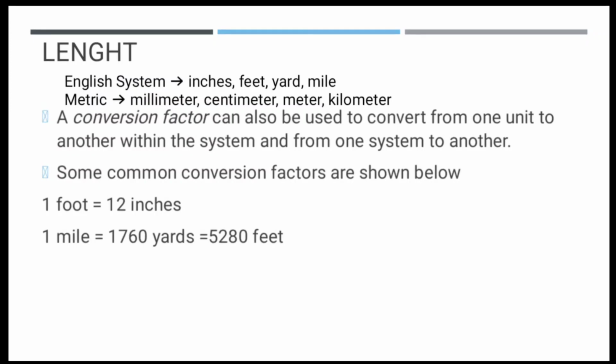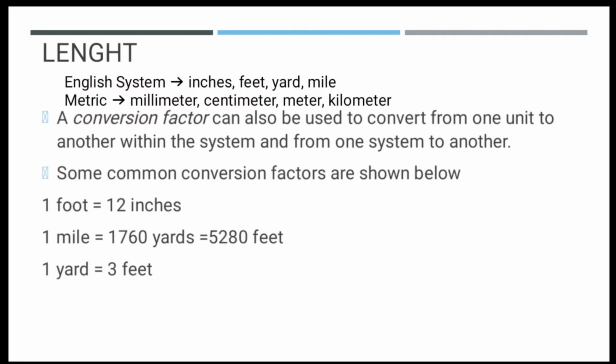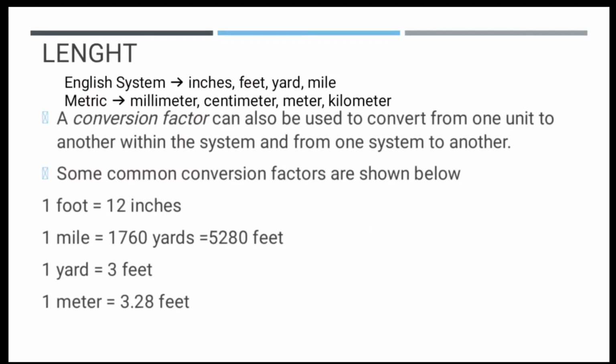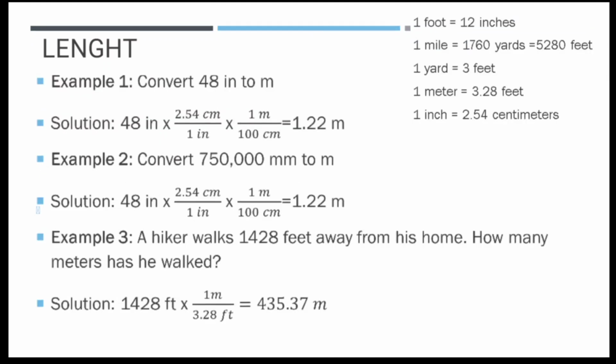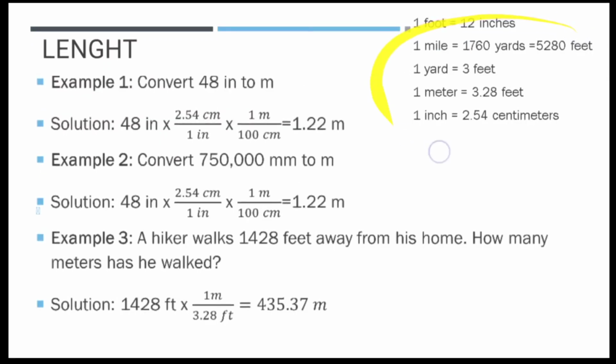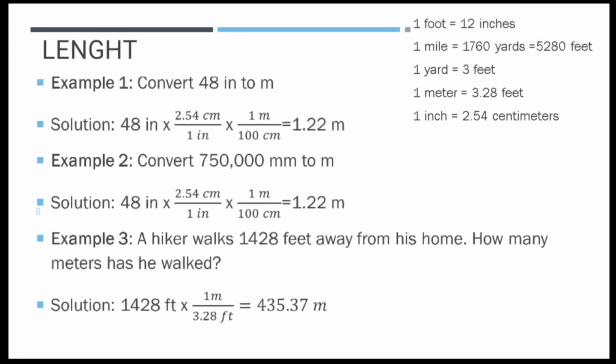Therefore, we can say that 1,760 yards is equal to 5,280 feet. Next, 1 yard is equal to 3 feet. Then, 1 meter is equal to 3.28 feet. And 1 inch is equal to 2.54 centimeters.